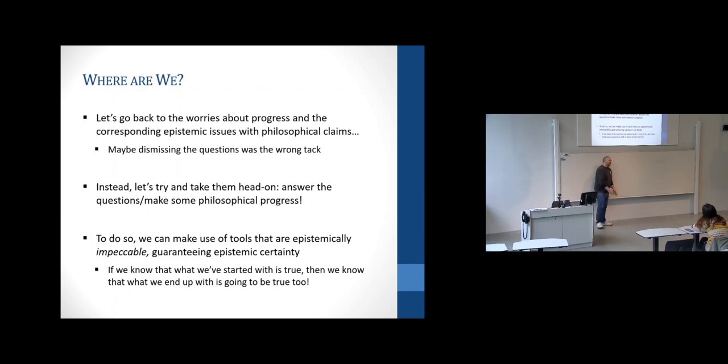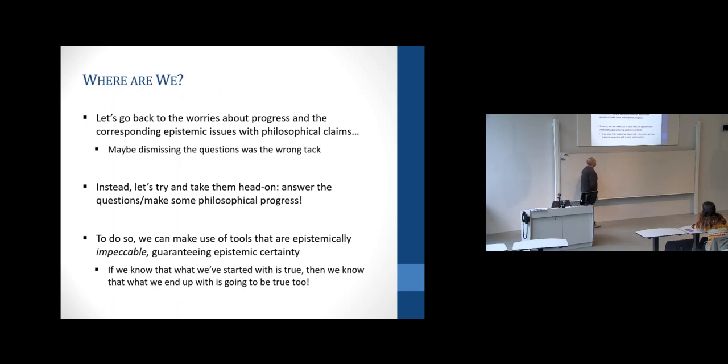Instead of dismissing the questions, let's take them seriously. Let's take them as meaningful. And let's see if we can find ways to answer them. Let's try and take them head on, answer the questions, and maybe make some progress. And both the methods I want to talk about today are going to try and do that, in different ways.